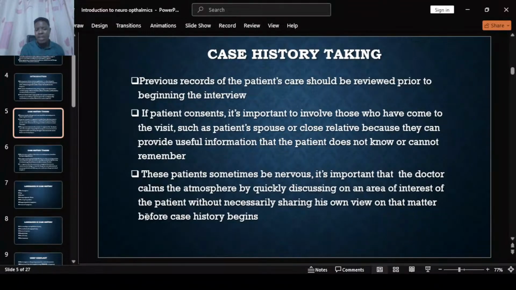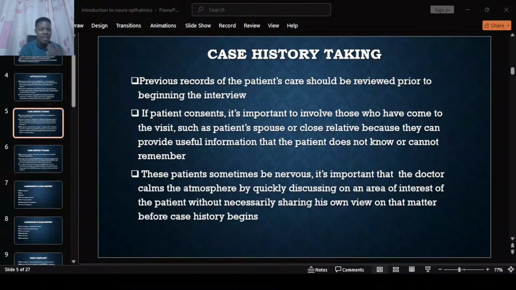Now, if the patient consents, it is important to involve those who have come to the visit, such as the patient's spouse or close relative, because they can provide useful information that the patient does not know or cannot remember. Most times you'll be seeing cases of probably dementia where the patient can't remember certain things, so you will need the assistance of whoever they came with to fill the gap.